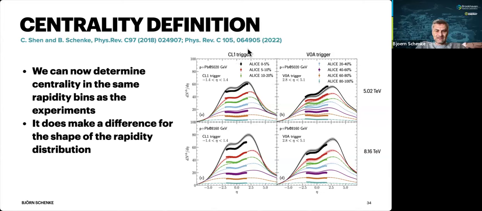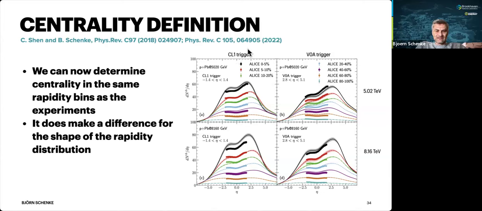So you see the pseudo-rapidity ranges here, and the shape of the rapidity distributions is different, and also the averages are somewhat different depending on where you define your centrality. With these 3D models, we are able to define the centrality in the same way that the experiments do. If your calculation is always flat in rapidity, you don't get these effects.